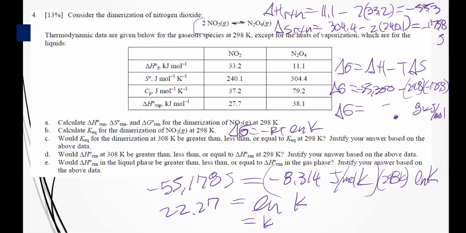Our delta G was too big. This should have been negative 2.9116. That makes way more sense.